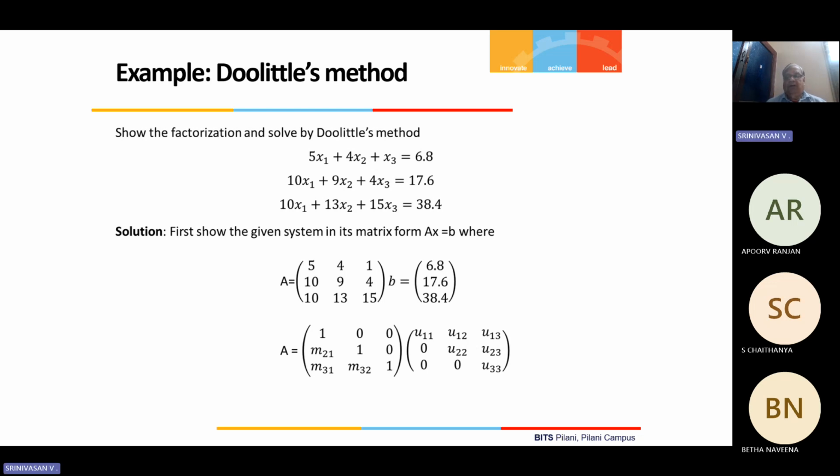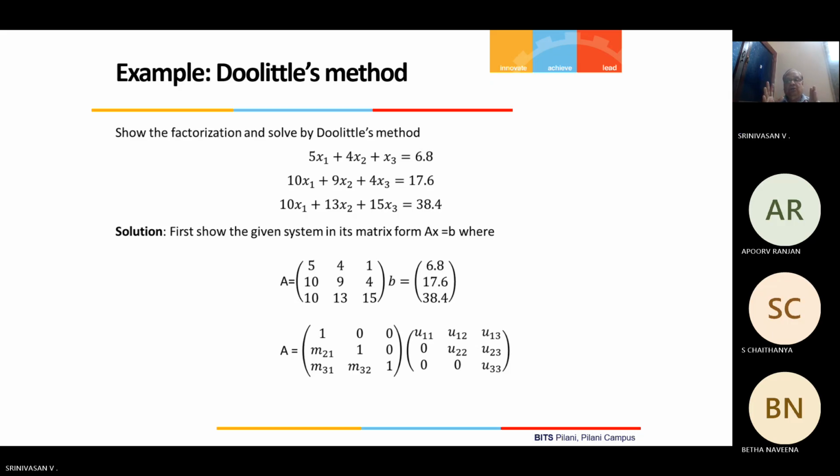You know how to reduce it to echelon form, then go from the bottom to the top by back substitution. But here you need to factorize using Doolittle's method and hence solve. First, show the given system in its matrix form Ax equal to B, where A and B we know very well. But it is not just A straight away, it is A equal to LU.